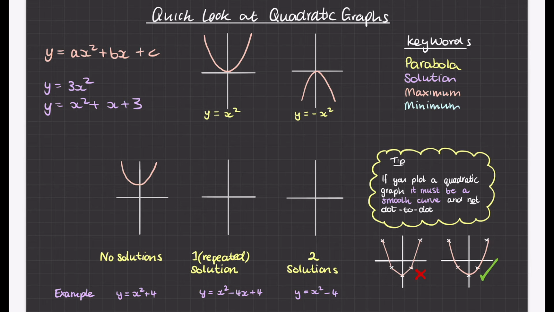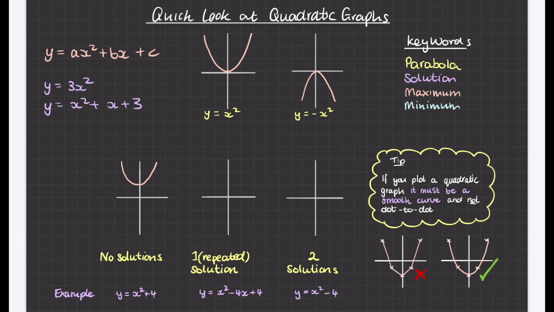So I'm going to give you a couple of examples of the different numbers of solutions we could have. Okay, because I could have a graph like this, couldn't I? That graph does not cross the x-axis, so this one has no solutions. So an example for that one could be y equals x squared plus 4. I could have a quadratic equation that has one repeated solution, or just think about it as just one solution.